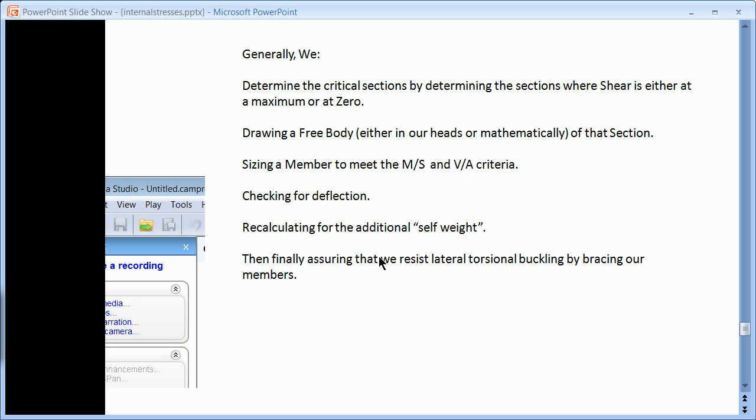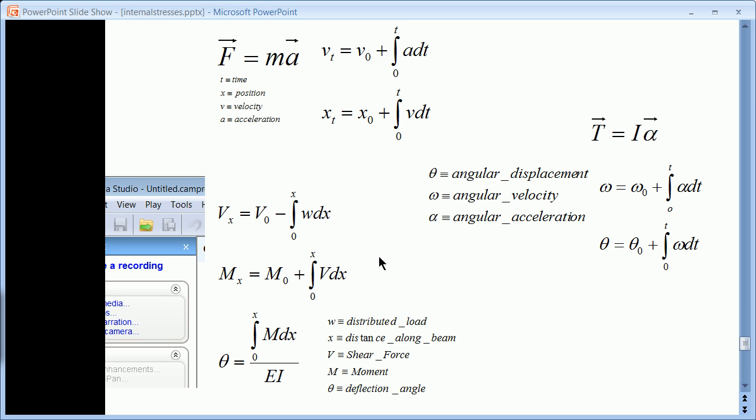So in that case, if you need to know, for instance, the maximum moment added by the self-weight, you just take the 65 times the span squared, WL squared divided by 8, and you'll see that WL to the fourth, and another number, come up when we start determining deflections. And then finally, we need to ensure that we do some cross bracing so our members do not lateral-torsionally buckle.